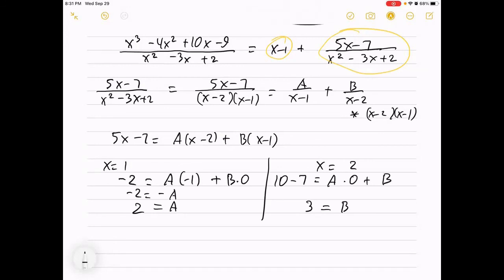So I substitute A equals 2 and B equals 3 into our expression here, and that expression will be substituted down there.